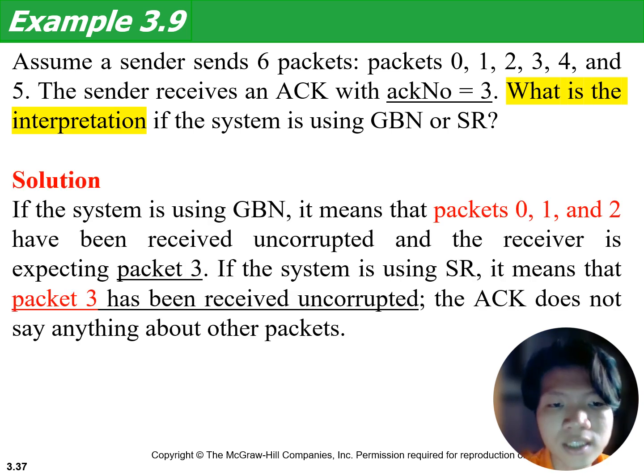The solution: if the system is using Go-Back-N, it means that packets 0, 1, and 2 have been received safely, and the receiver is expecting packet 3. If the system is using Selective Repeat, it means that packet 3 has been received safely. The ACK does not say anything about other packets.